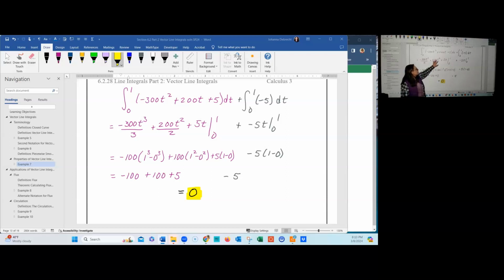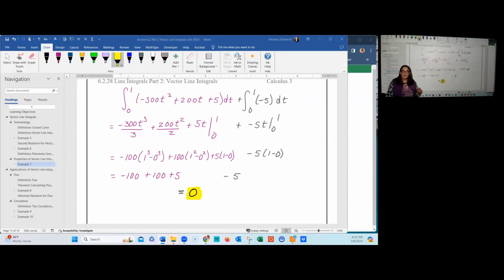The second term, 200t, integrates as 200t squared divided by 2, which becomes 100t squared, which when we substitute limits of integration gives us plus 100, which cancels the first term. The last term, 5, when integrated, gives us 5t, evaluated from 0 to 1, which gives us plus 5.